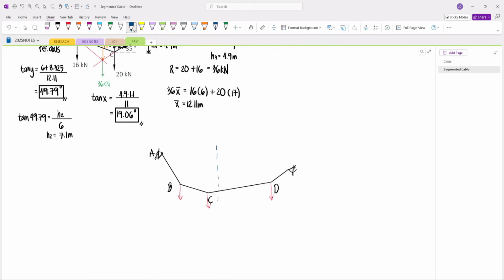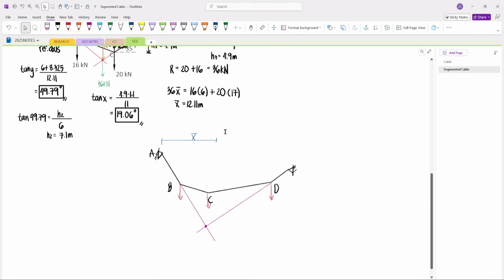Sabihin lang natin, ito yung barred X. So, what you can do after is, you can extend this line. Again, yung nasa extreme end lang, yung nasa supports, pwede mo siyang i-extend pa ganyan. Tapos, ito rin, extend mo pa ganyan.